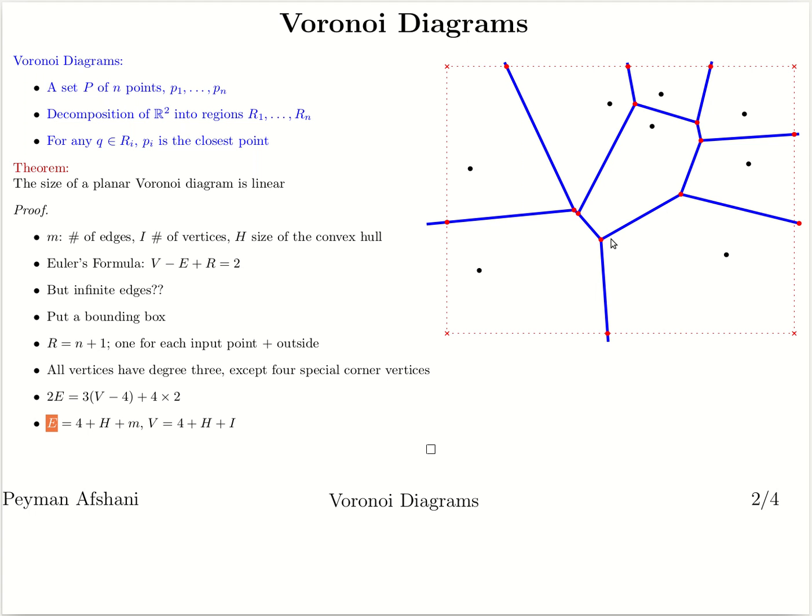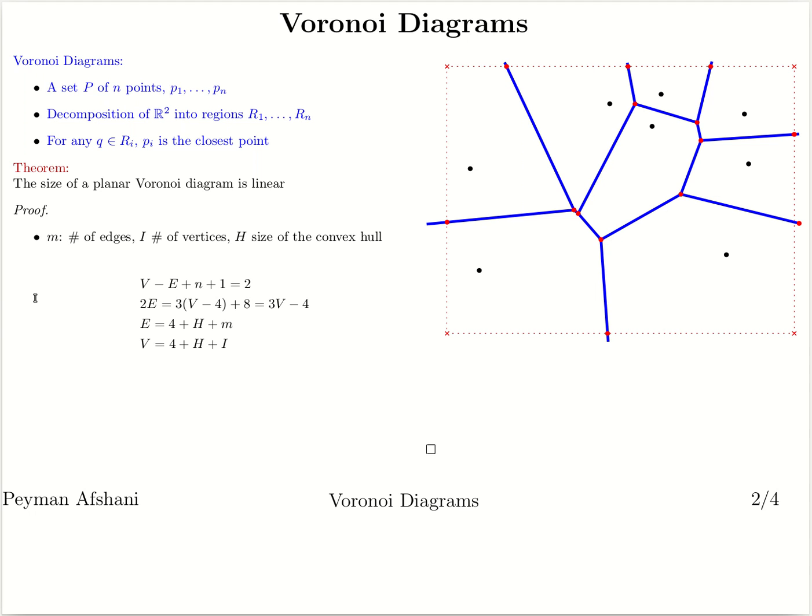So having all these equalities, the rest is basically just math. So these are the equalities that I have. Euler's formula, I replaced r with n plus 1. And this was what I had from before, which simplifies to 3v minus 4. And then I also had these two. How do we do math here? Well, first I double this equation.